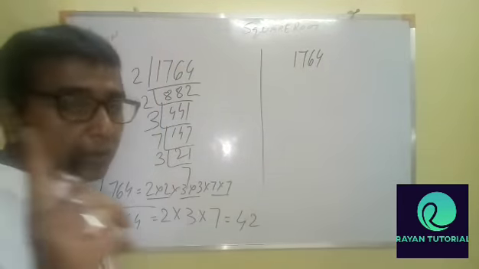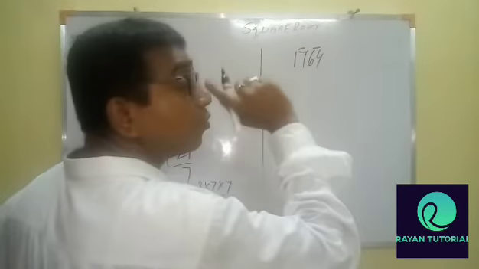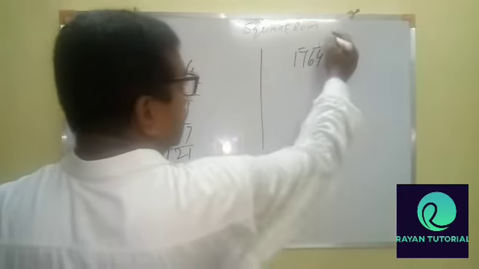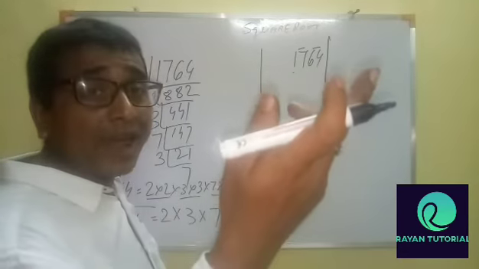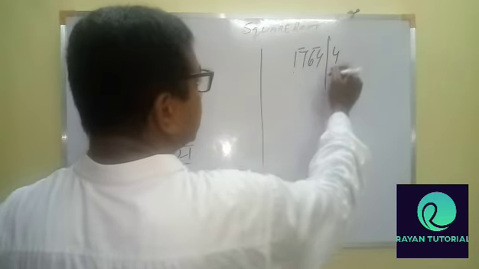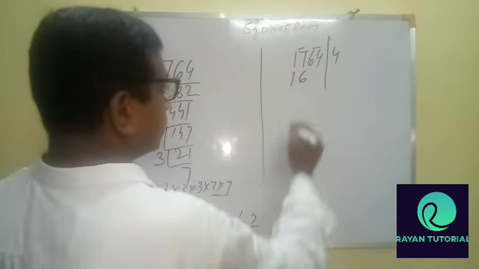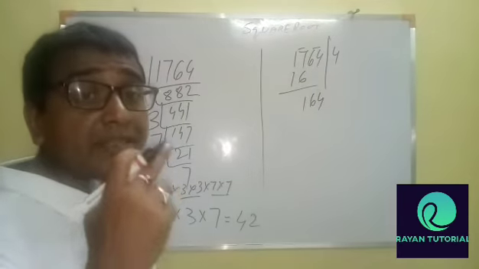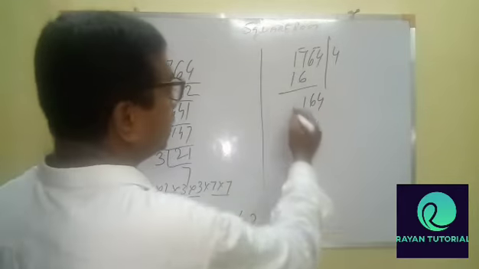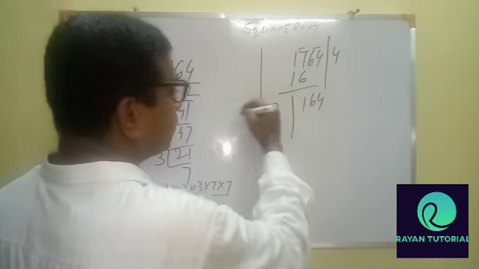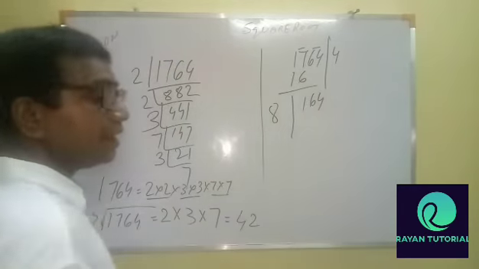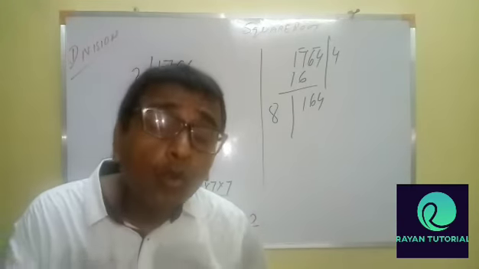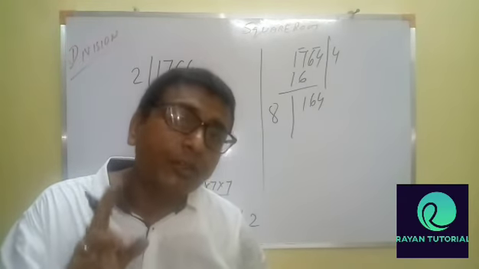Okay. Now let me do it in the division method. 1764. Rule number 1, pair from the end. 17. Whose square is 17? 4 4s are 16. 1. Bring down the next number, meaning the next pair. Double it up. Now here is 4. So whose square will be ending with 4?